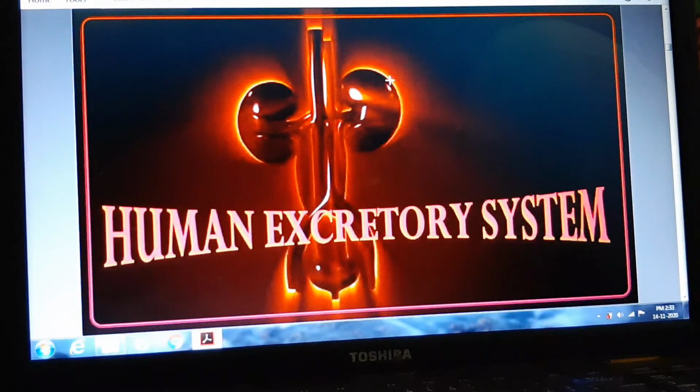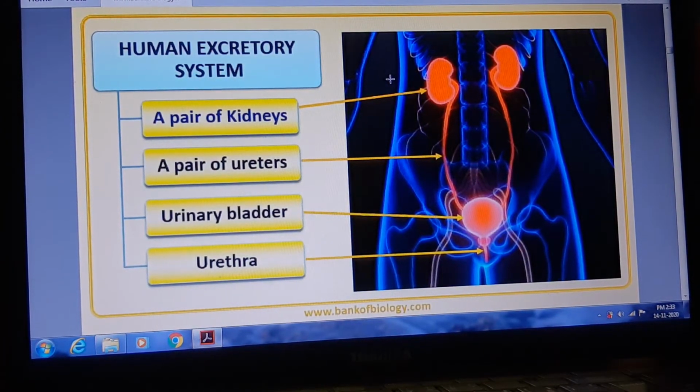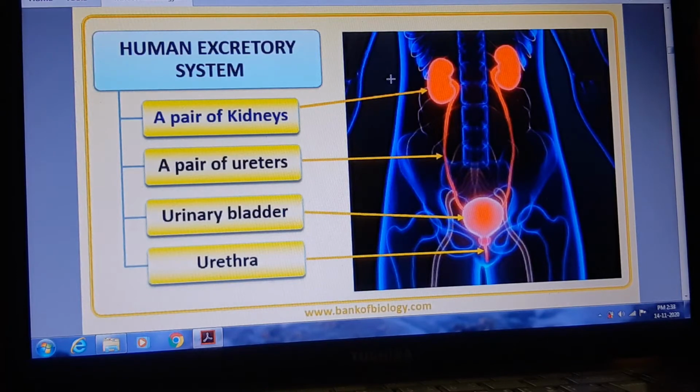In this portion, we will study all the structural details of the human excretory system. Let us look at what it contains and how the human excretory system functions. Students, the human excretory system has certain parts, which you can see here in the slide.